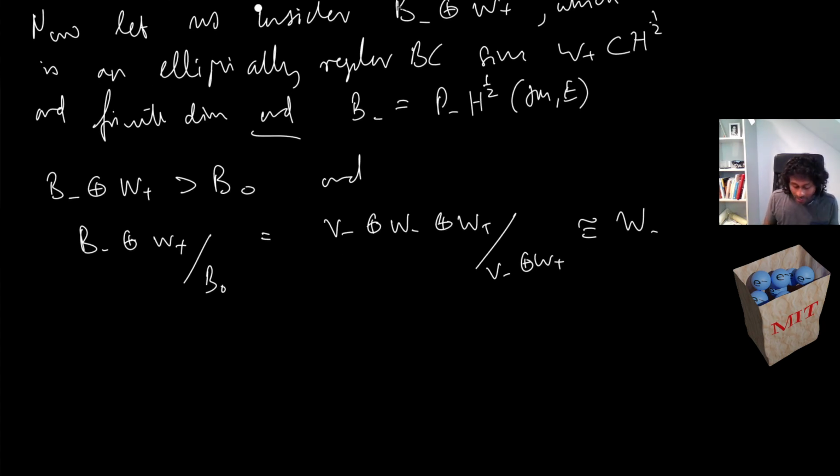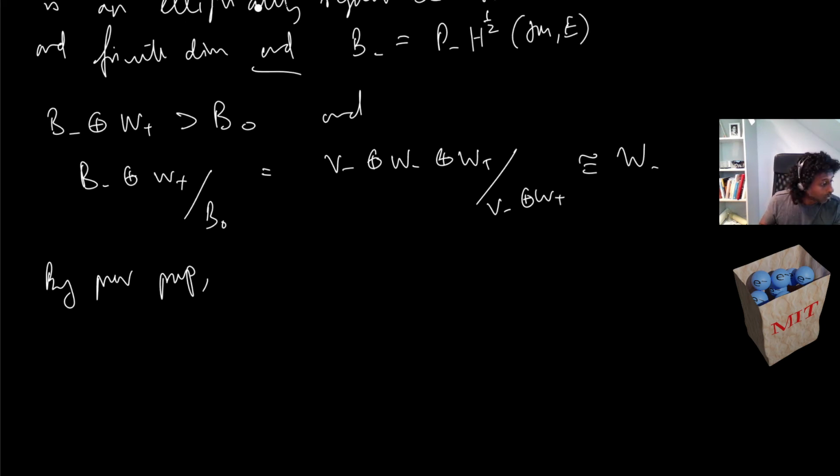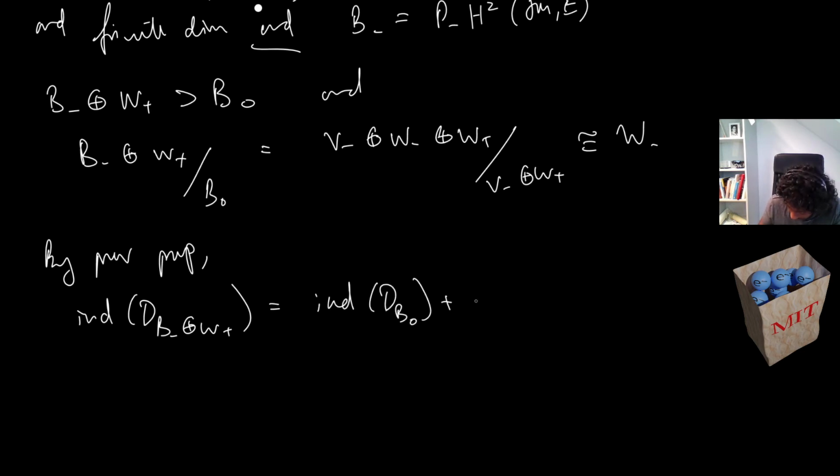So here we have two boundary conditions, each of which is Fredholm, containing each other. So now we can invoke the previous proposition: the index of dB minus plus W plus is equal to the index of dB naught plus dim W minus.